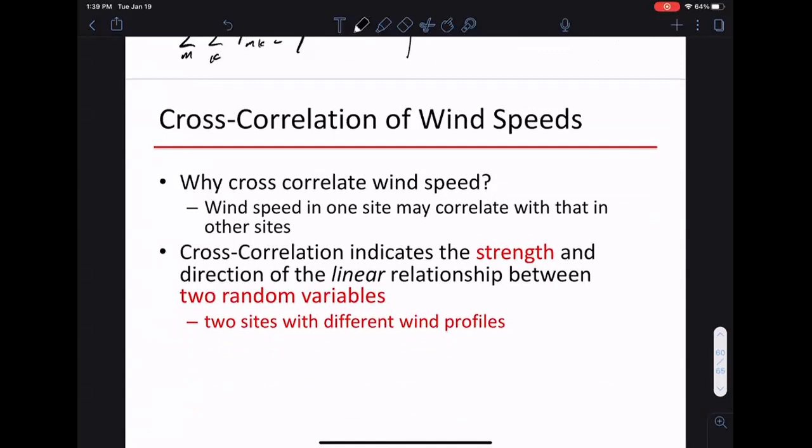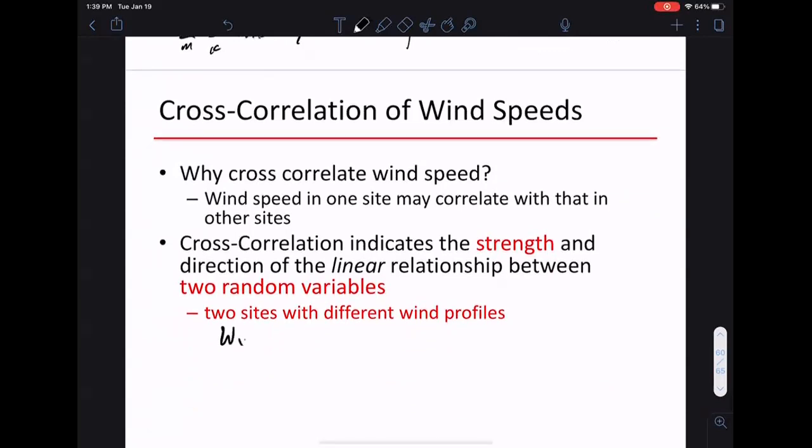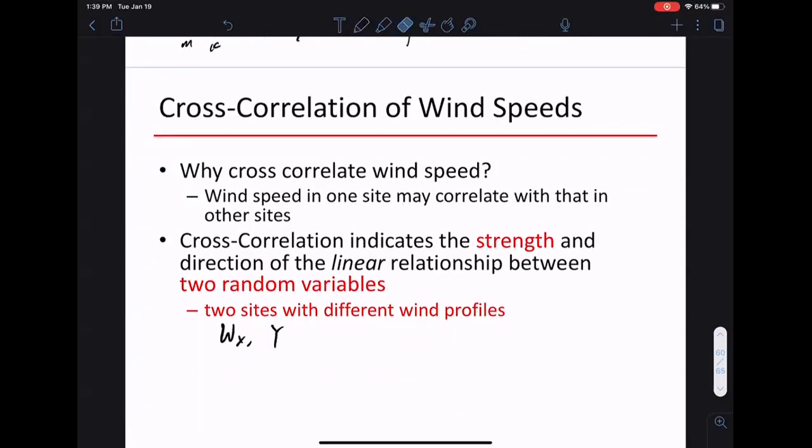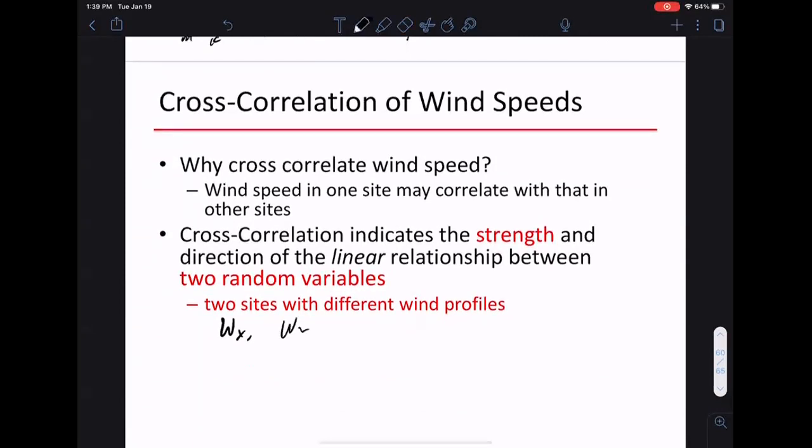Cross-correlation is simply a measure of how related two random variables are. So again, if you have one wind speed at two different sites, a question we may want to answer is, if one is large, is the other one large or small?